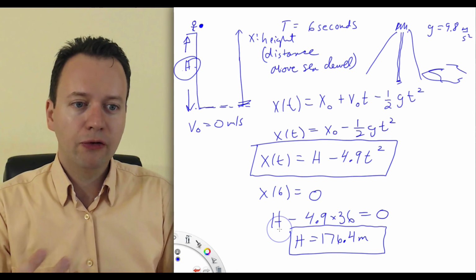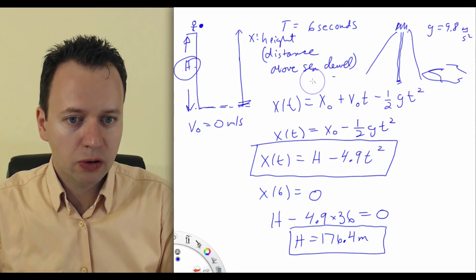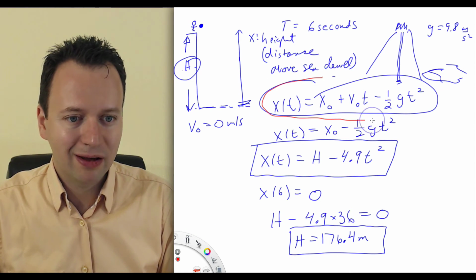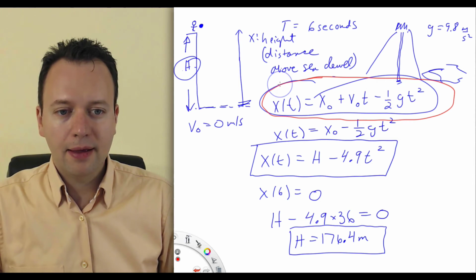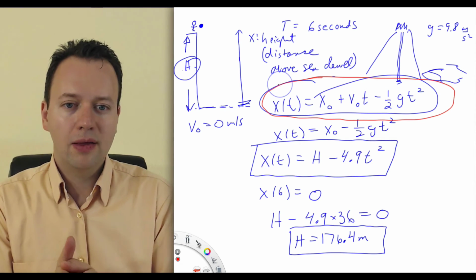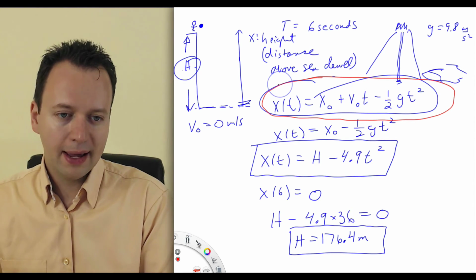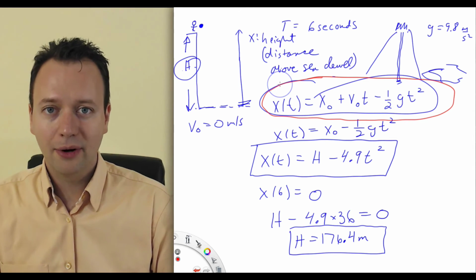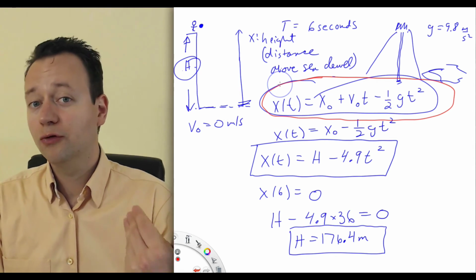Starting with this initial equation, you can do whatever variation you'd like on that. You could be given the actual initial height and ask how long it takes to land. Then you set it equal to 0 and solve for t.